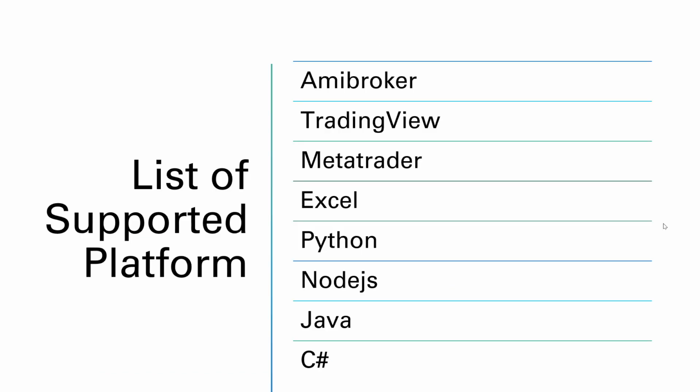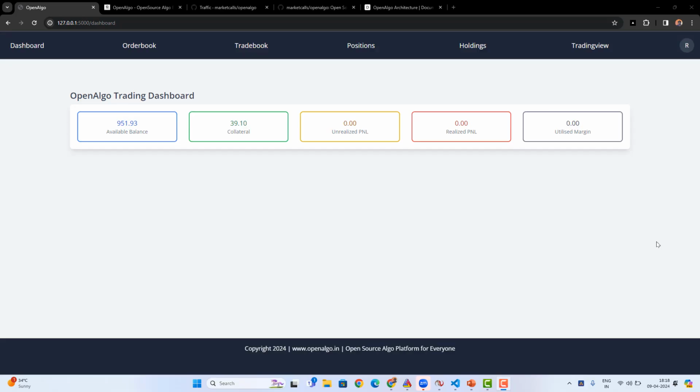Currently OpenAlgo supports integration with trading platforms like AmiBroker, TradingView, MetaTrader, Excel, Python, Node.js, Java and C# for trading automation, where you can write your own strategies in your favorite platforms. You connect with OpenAlgo and transmit orders to your own favorite broker.